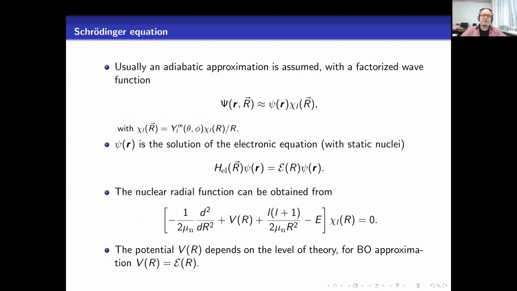So how to arrive at these thermodynamical or quantum or statistical mechanical quantities? As quantum chemists, we obviously start from the Schrödinger equation.